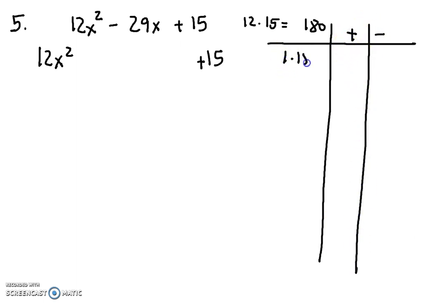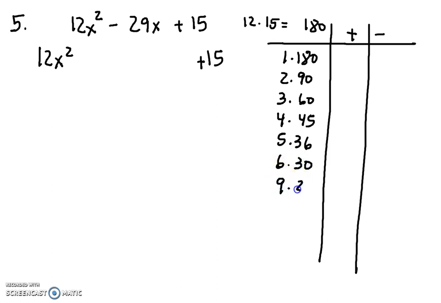So I have 1 times 180, 2 times 90, 3 times 60, 4 times 45, 5 times 36, 6 times 30, 9 times 20, 10 times 18, and 12 times 15.